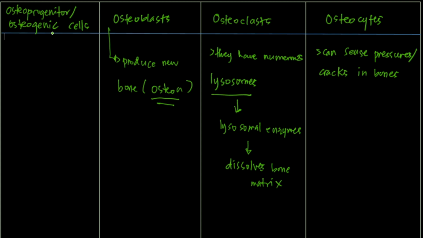They are the only type of bone cells that are capable of undergoing mitosis or cell division because they have a high mitotic activity, as I mentioned earlier. So those are the things that we must know about the four basic types of cells in your bone tissue.